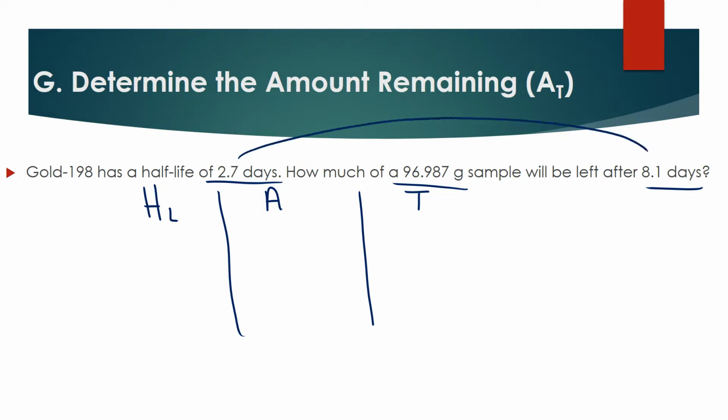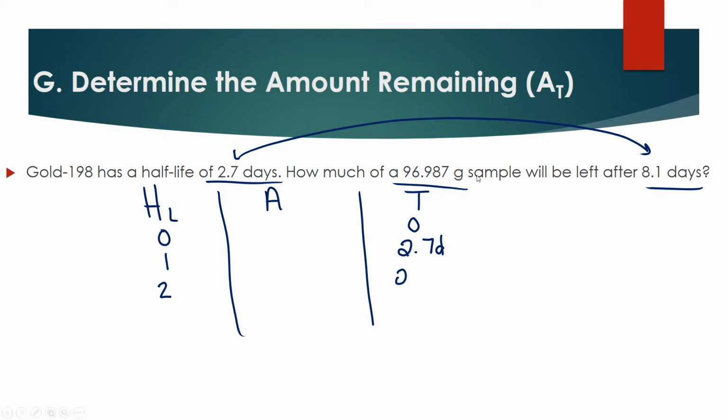So based on my givens, the two things I can connect is time. So we know at 0 half-lives, no days have gone by. After 1 half-life, 2.7 days have gone by. We're going to keep increasing. So we're going to take 2.7 plus 2.7.